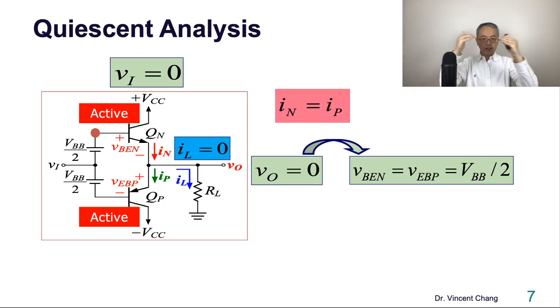Which means half VBB is across the emitter-base junction of the NPN, and the other half VBB drops on the emitter-base junction of the PNP.